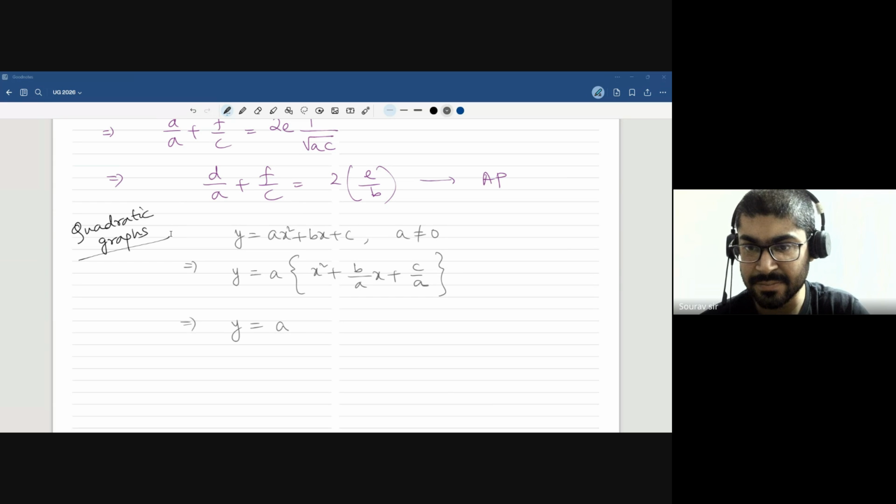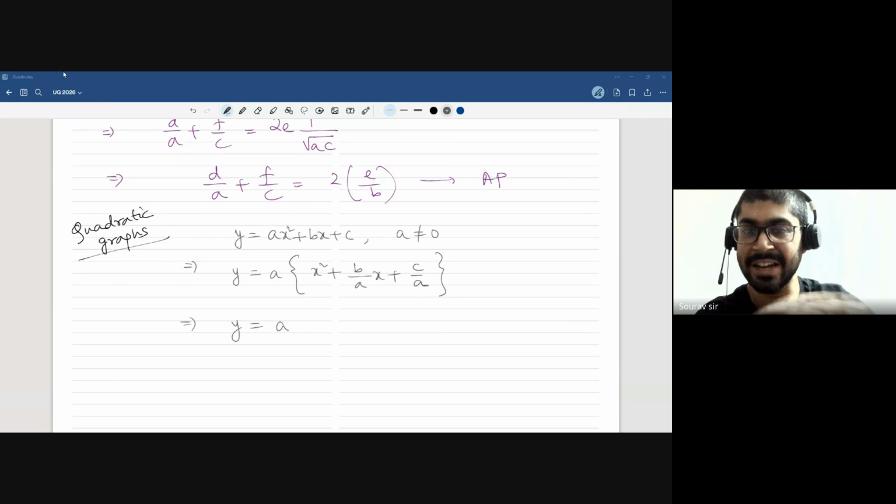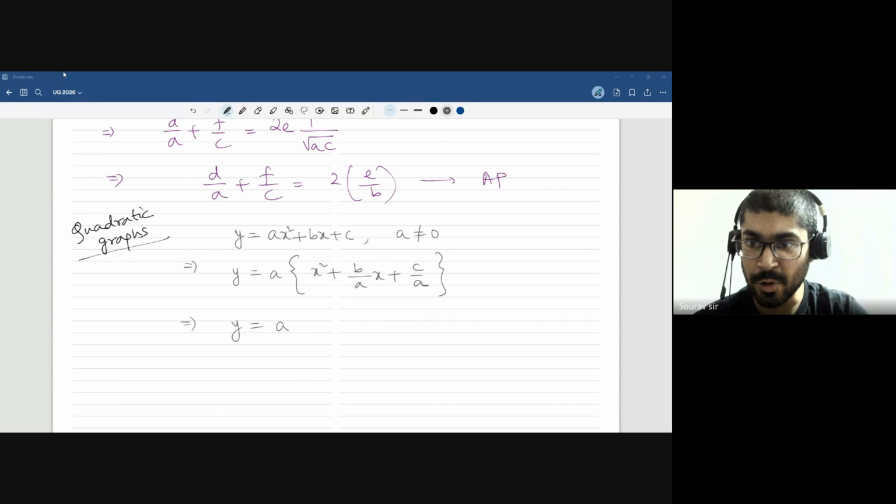Anyone remembers? You did this, right? We set y equal to 0 and we obtained the quadratic formula, x equal to minus b plus minus root over b square minus 4ac by 2a. We did this earlier. Can you repeat this here? How can you form the square? What will be the square term? Anyone?